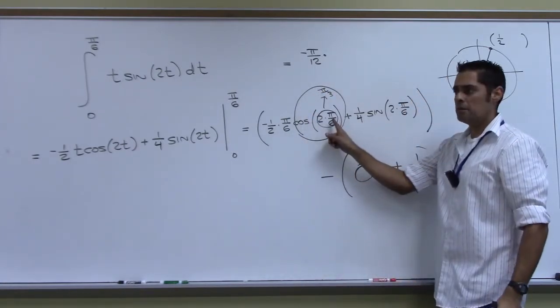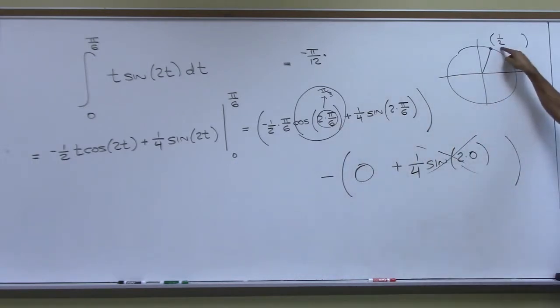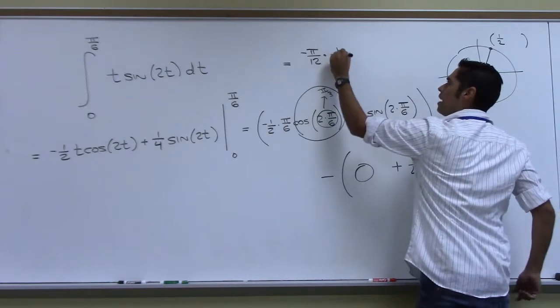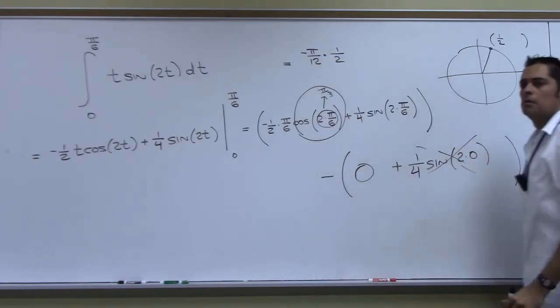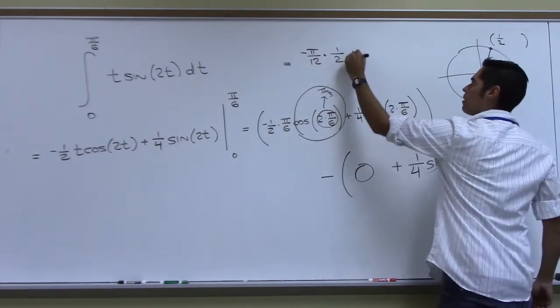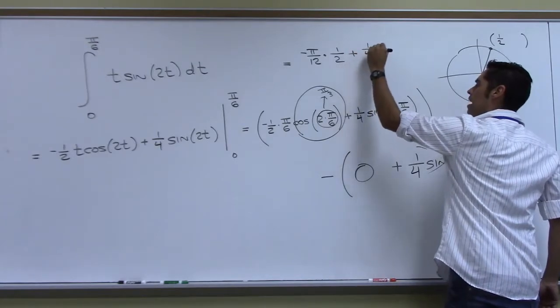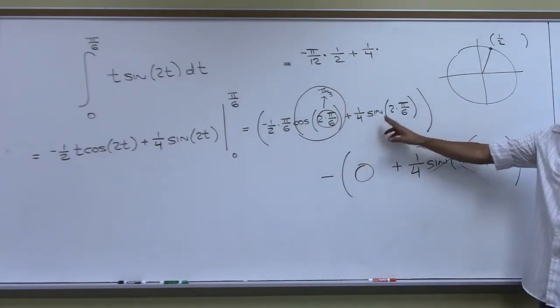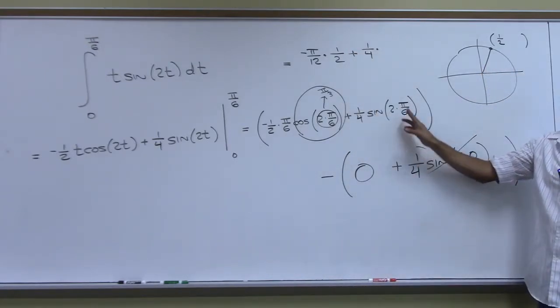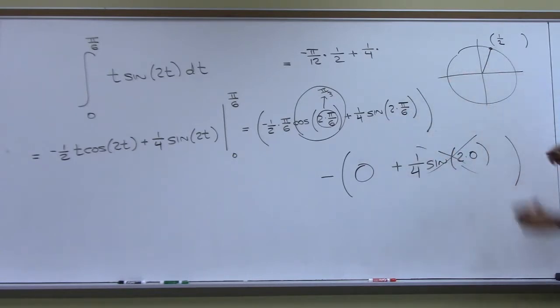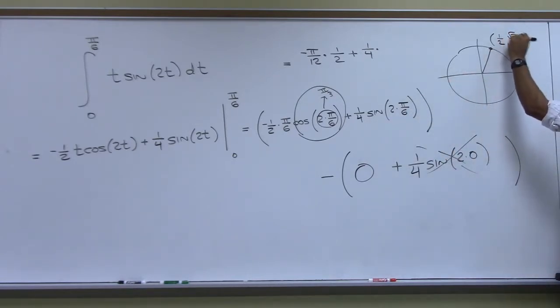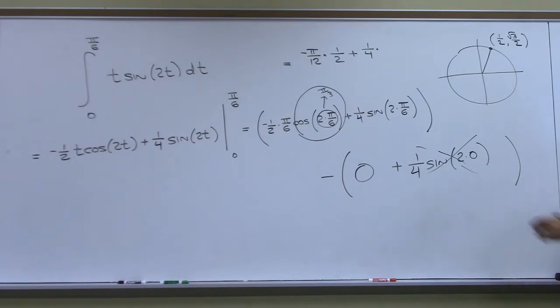Cosine of pi over 3 is 1/2. So this becomes times 1/2, plus 1/4 times, now this is sine of pi over 3. Sine of pi over 3 is the y coordinate, which is root 3 over 2. So root 3 over 2 here.